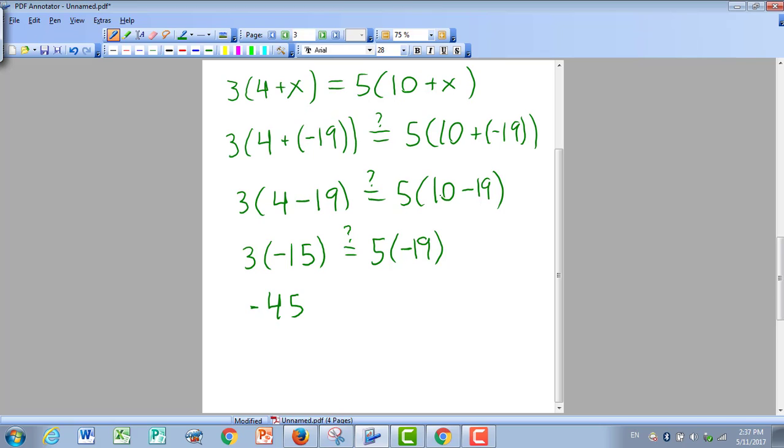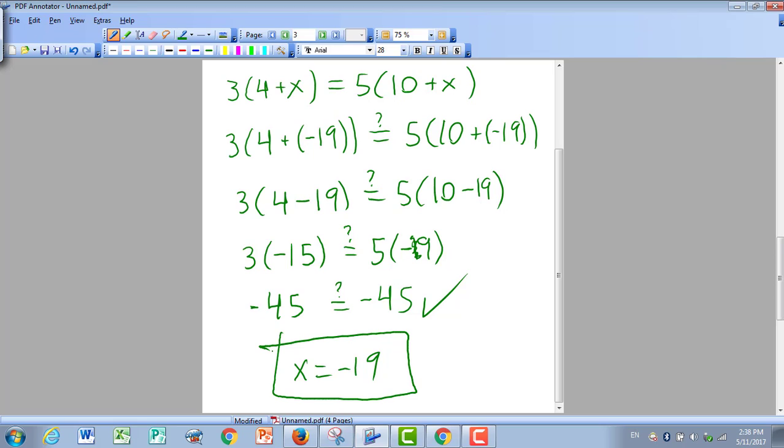Oh, I did that wrong. 10 minus 19 is negative 9. Sorry. So I got negative 45 on the left side, and on the right side, 5 times negative 9 is negative 45. So it is correct. And my answer is x equals negative 19. There you go. Thank you for watching.